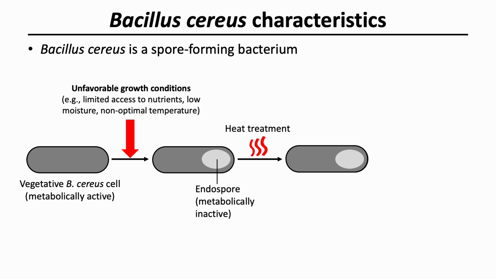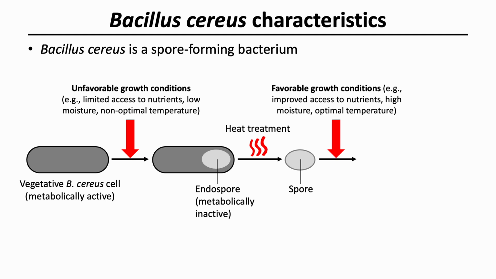Therefore, if a B cereus cell that has formed an endospore is exposed to one of these stressors, such as a heat treatment, then the vegetative cell will be lysed, allowing the endospore to exit the vegetative cell. And this structure, which is now called a B cereus spore, when it is outside the vegetative cell, can remain dormant and withstand many of the same harsh environmental situations that the B cereus endospores can.